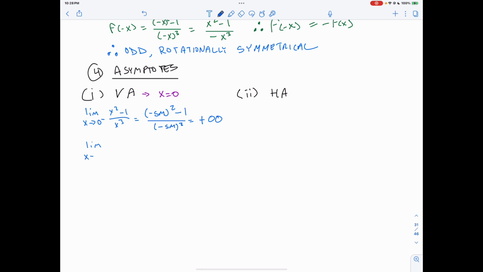We take the limit as x approaches 0 from the right for x squared minus 1, all divided by x cubed. That's going to give me a positive, very small number, squared minus 1, all divided by a positive, very small number, cubed, which is going to give me a value approaching negative infinity.